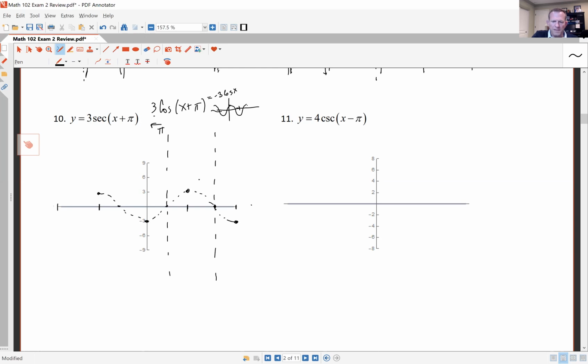All right, so we've got the nice characteristics, key points. This is where it's 0, so we have an asymptote there. And this is where it's 0, so we have an asymptote there. All right, last thing to do is put our tick marks in there.